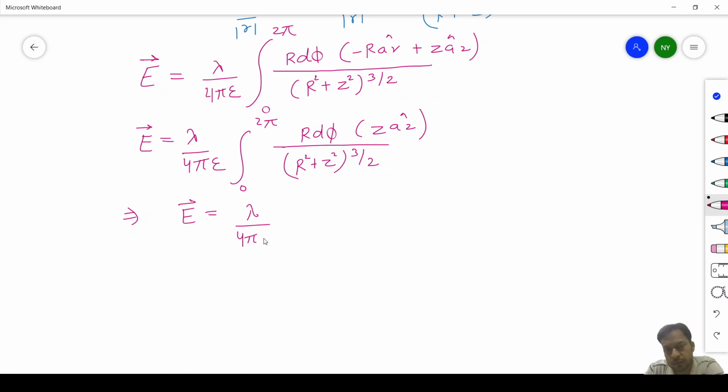So the equation for this condition can be written as E is equal to lambda z R upon 2 epsilon (r square plus z square) power 3 by 2, and the direction, obviously, is in the AZ direction.